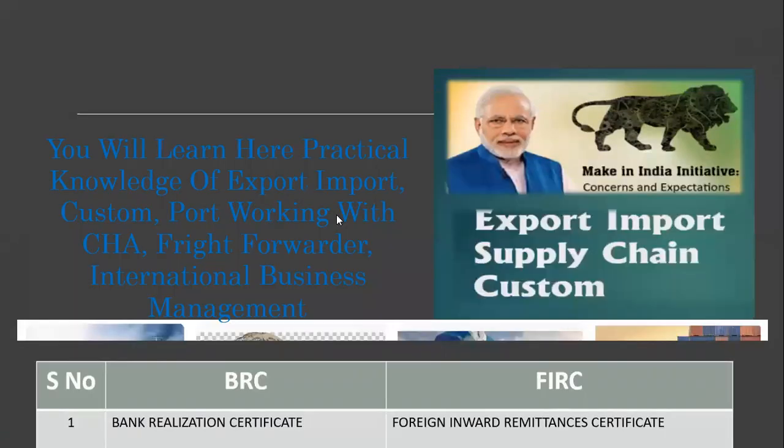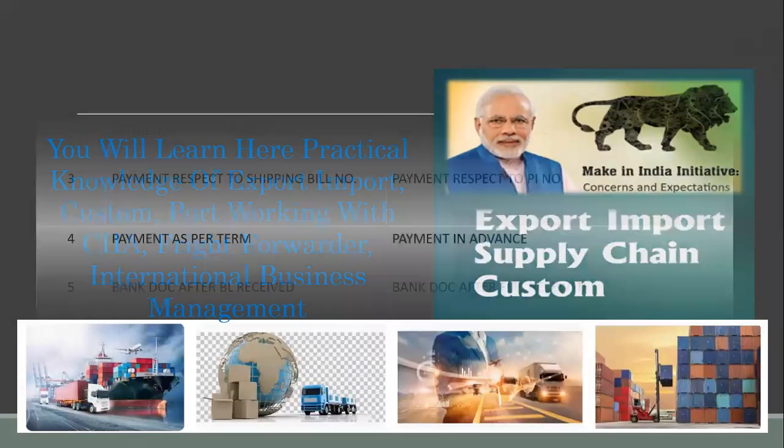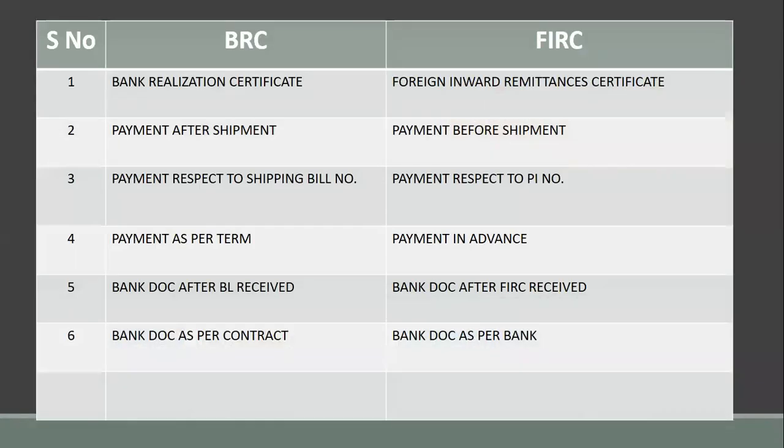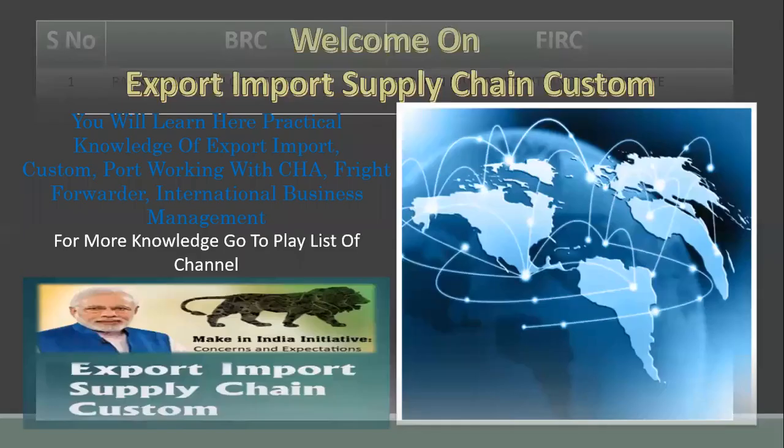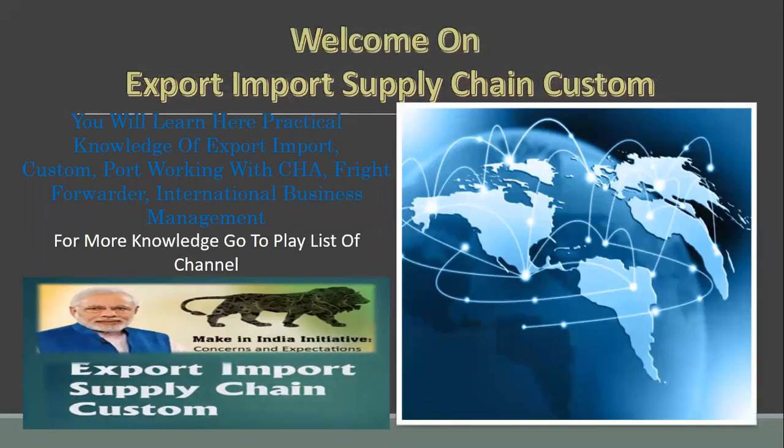Now, briefly, if you want to understand FIRC and BRC, both are payment proofs. One is in respect of shipment export as per payment terms, and the second, FIRC, may be for advance payment or services exported.